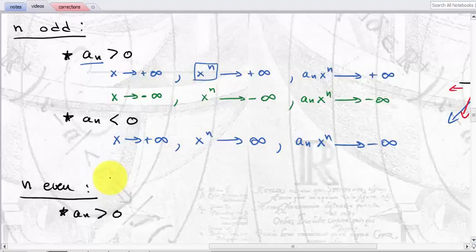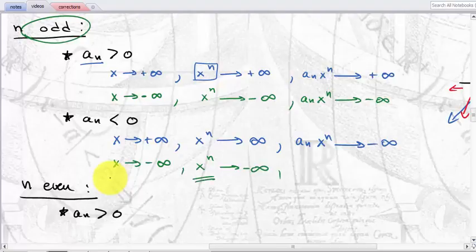And if x approaches negative infinity, what happens if you raise this to an odd power? It's still going to be negative infinity, but now you're multiplying this very large negative number by another negative number. Two negatives makes a positive. You're going to be approaching plus infinity.